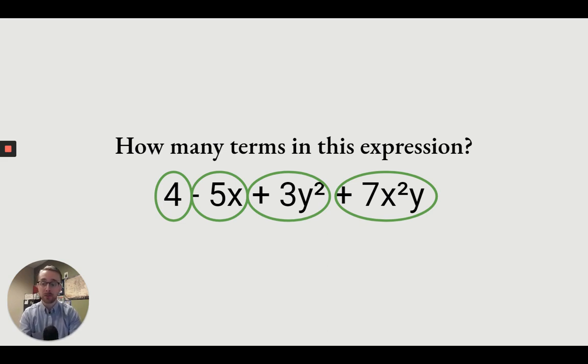So sometimes a term can be very long, but essentially a term is a number, a variable, or a coefficient with a variable, and they're separated by those operations, addition and subtraction specifically. So this expression has 4 terms. Once I can count the number of terms in an expression, I'm ready to start combining like terms. So the second question I need to ask is, what do I mean by like terms?